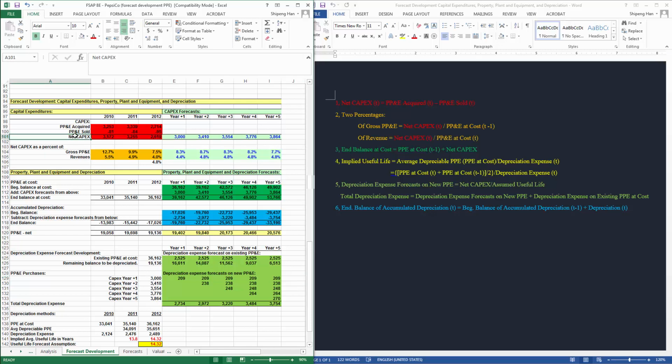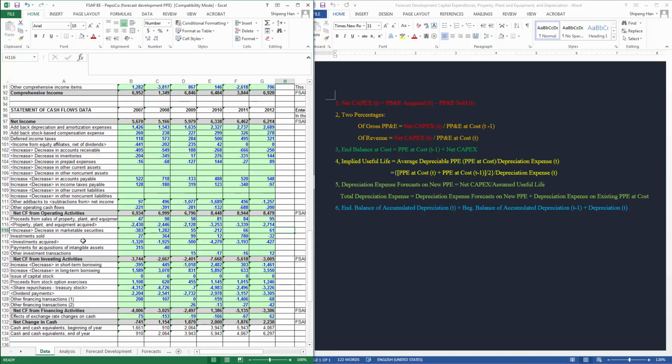So net capital expenditure is the difference, see here, between the property, plant, equipment acquired and the property, plant, equipment sold. This information is available in the data tab. You can find the information in the statement of cash flows.